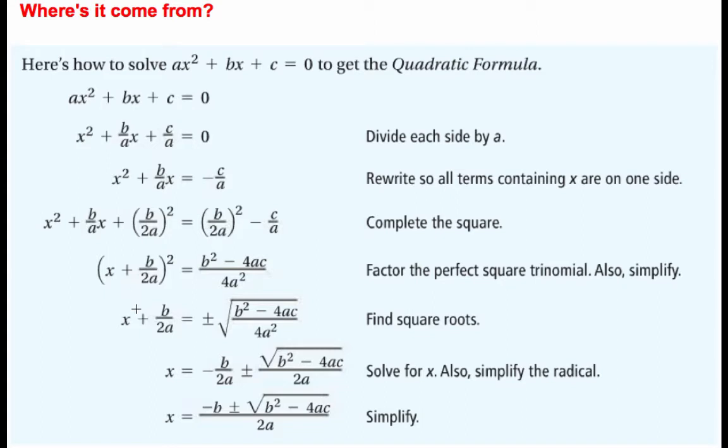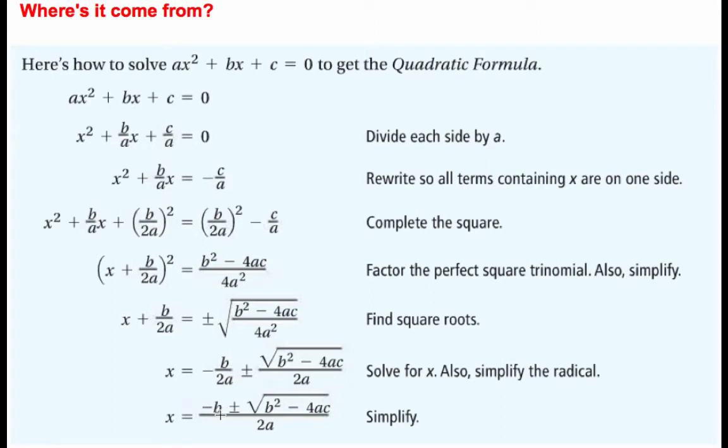Now if you notice, once we complete that square and get that factoring done, we have just one x term. So we subtract b over 2a to the other side of the equation. We're left with x equals negative b over 2a plus or minus the square root of b squared minus 4ac all over 2a, after we simplify that radical a little bit. You'll notice we have a common denominator of 2a in these two fractions, so we can put them into one fraction.